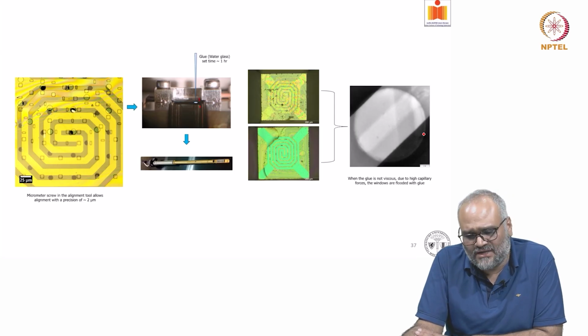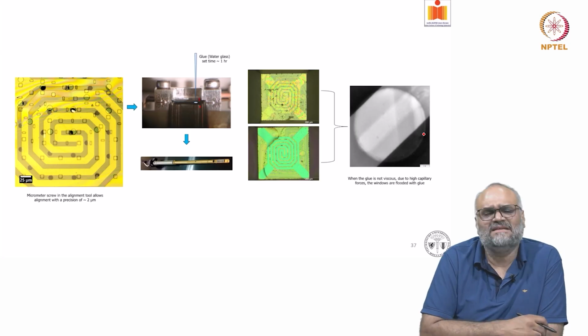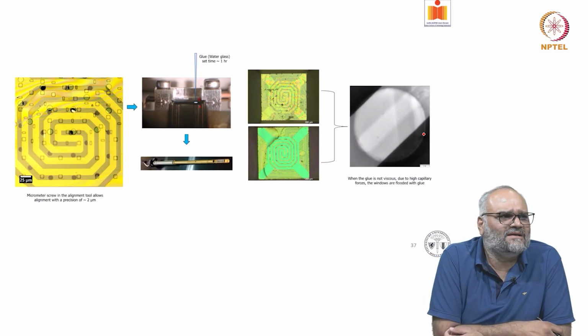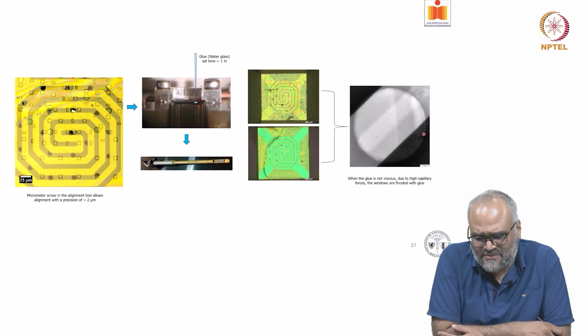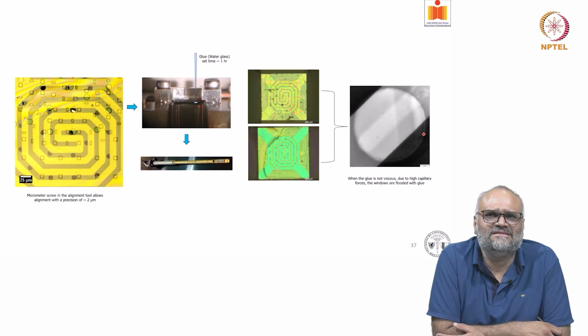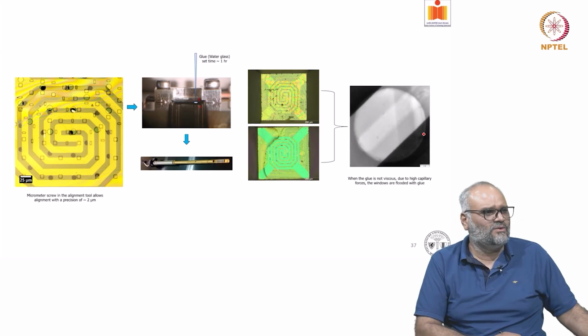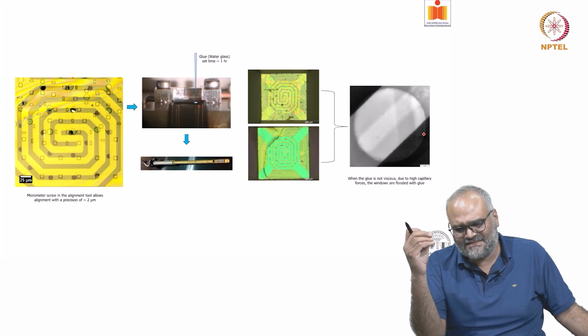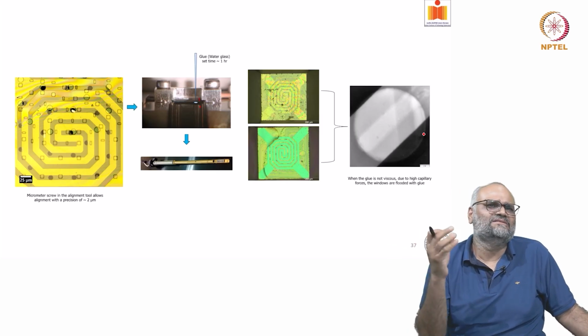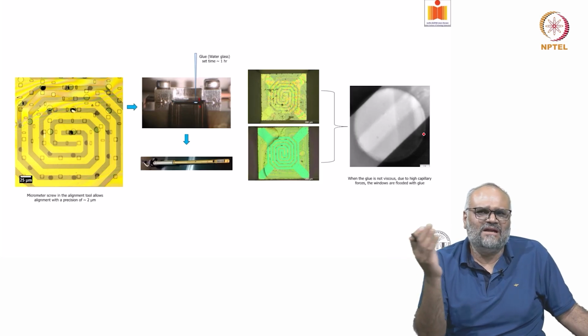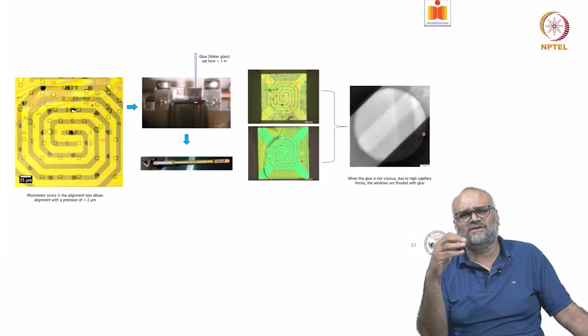And this water glass glue was used because it does not contain any hydrocarbons, and hydrocarbon contamination is a big problem for in situ gas experiments, and that is one of the reasons why we were using water glass, which is a sodium silicate kind of a suspension, and this suspension does not have consistency in the viscosity, and when the glue is not maintained, or if it is overexposed for a long time, or if it is not maintained in the right temperature condition, you run into these sort of problems.